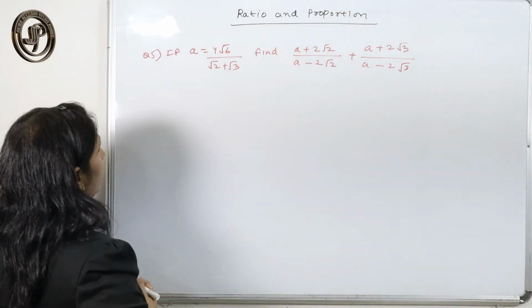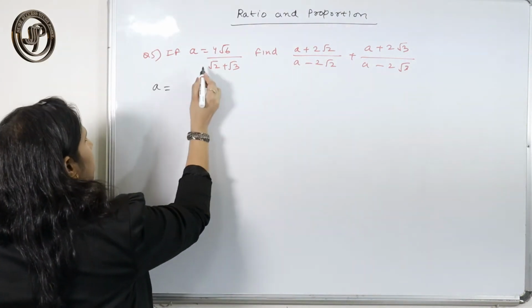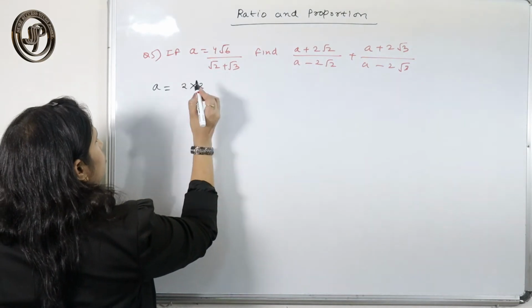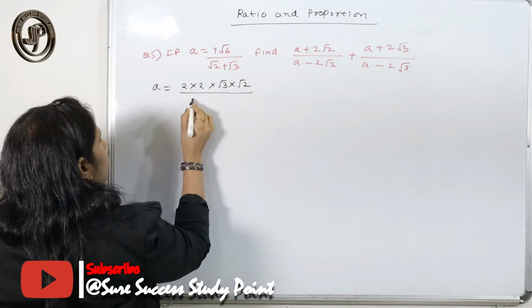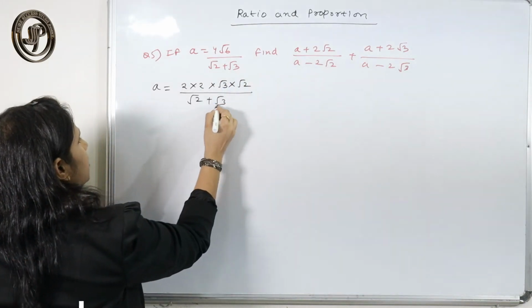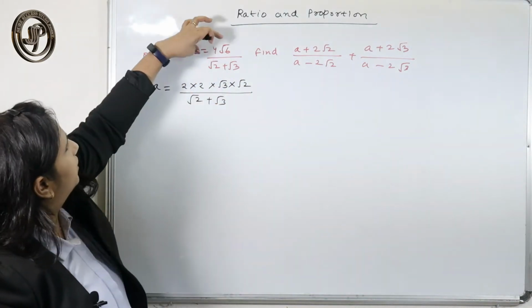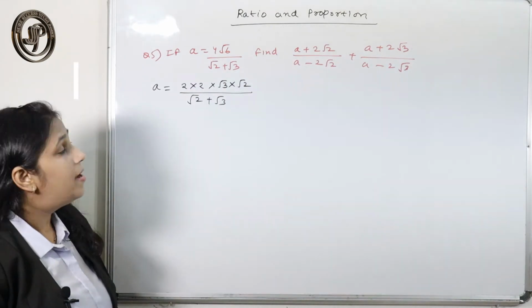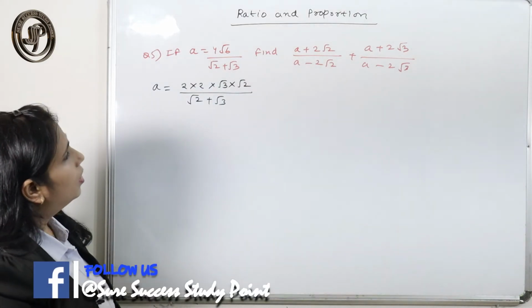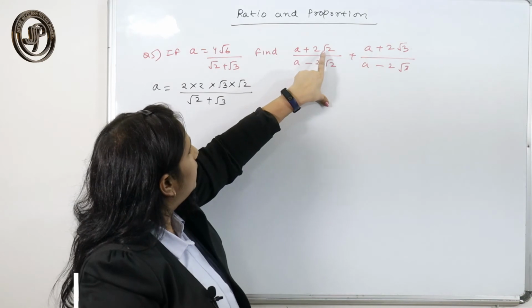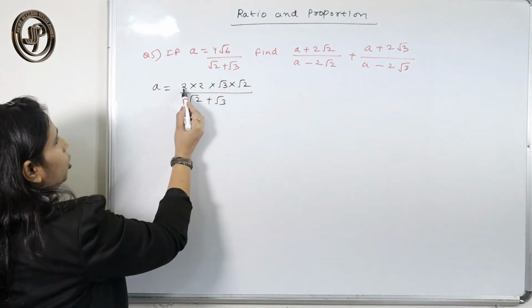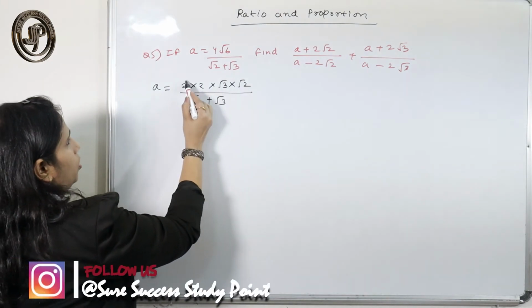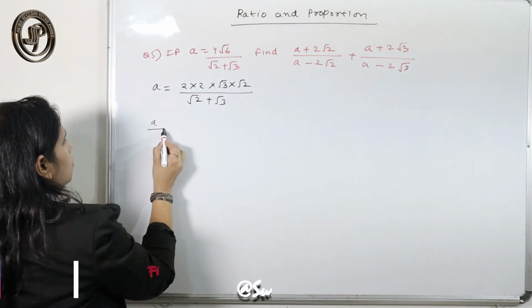So, here a is this, you can write 2 into 2 root 3 into root 2. Can you split this this way? You have to split this part first. Now, here it is 2 root 2. So, take 2 root 2 down.